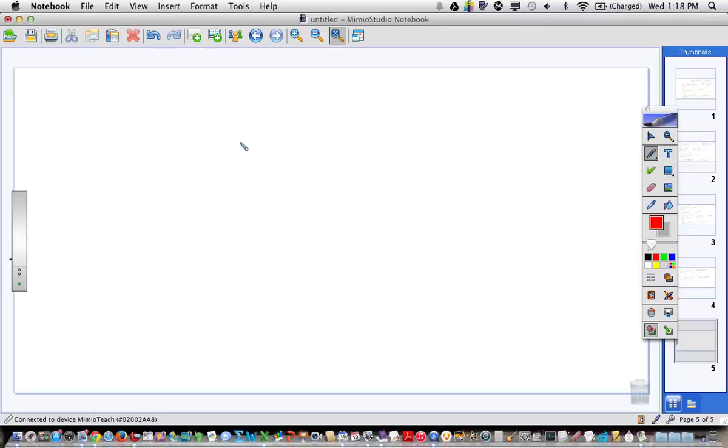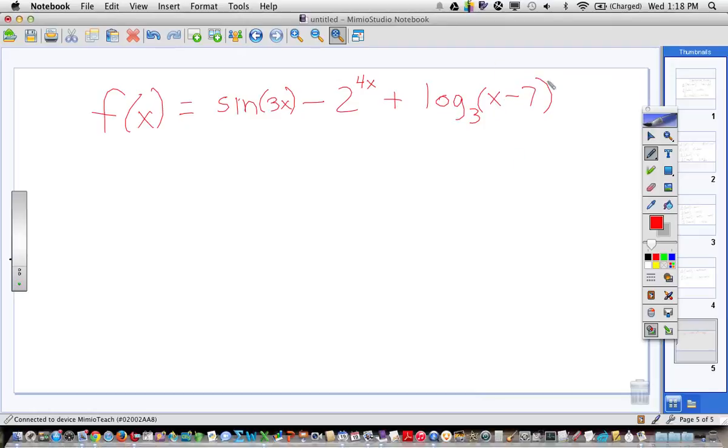All right, so let's say we had a function that was sine 3x minus 2 to the 4x plus log base 3 of x minus 7, and let's put a 4 in front of that log.